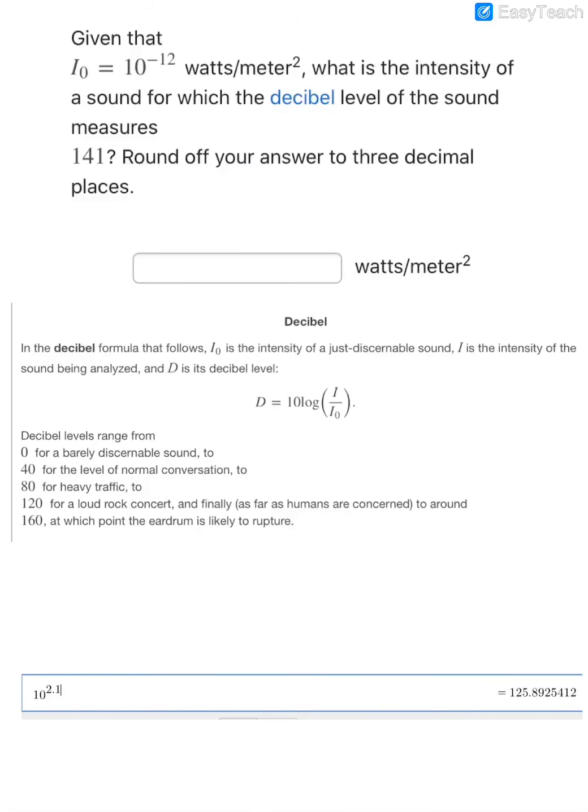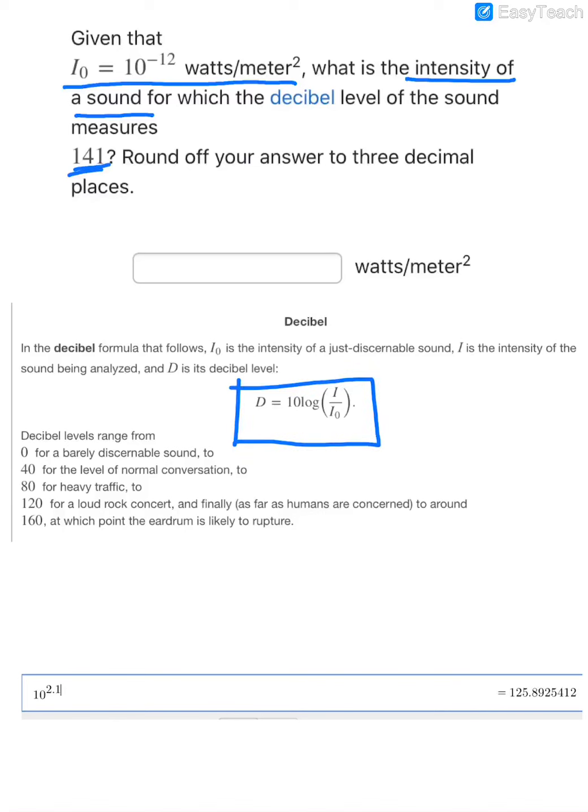Okay, on this next type of application problem, we are dealing with sound. And so we are given that this I sub 0 is equal to 10 to the negative 12 watts per meter squared, and we're being asked what is the intensity of the sound for which the decibel level of the sound measures 141. So down here, we are given a formula for measuring the decibel level.